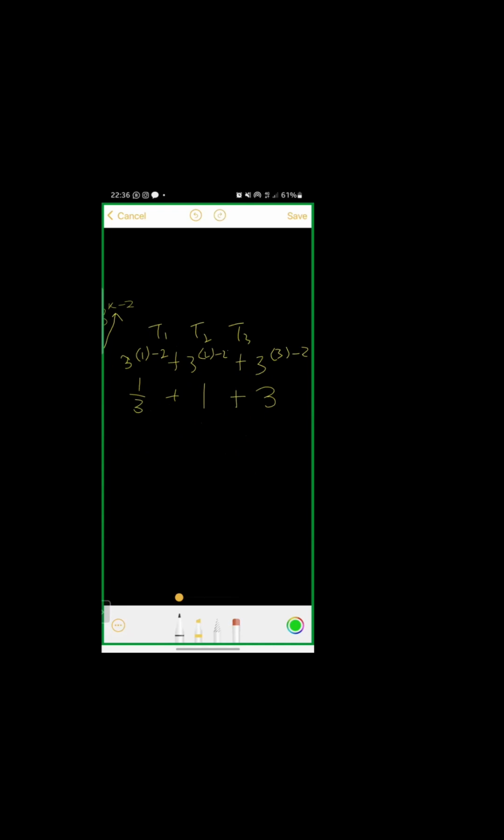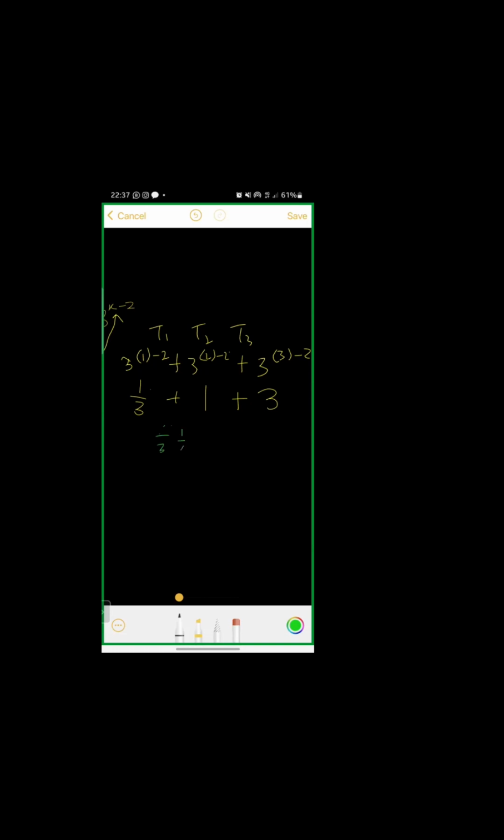But let's see, to get from 1/3 to 1, what do we multiply with? We multiply by 3. Whenever we represent geometric, we always talk about multiplication, so we never say that we divide by 1/3.